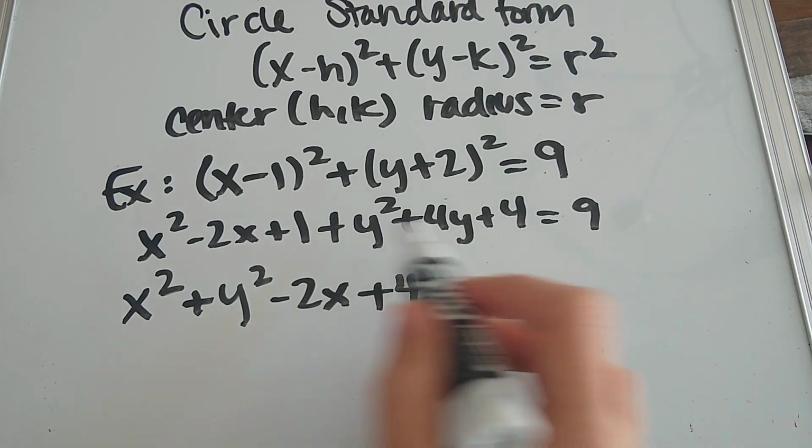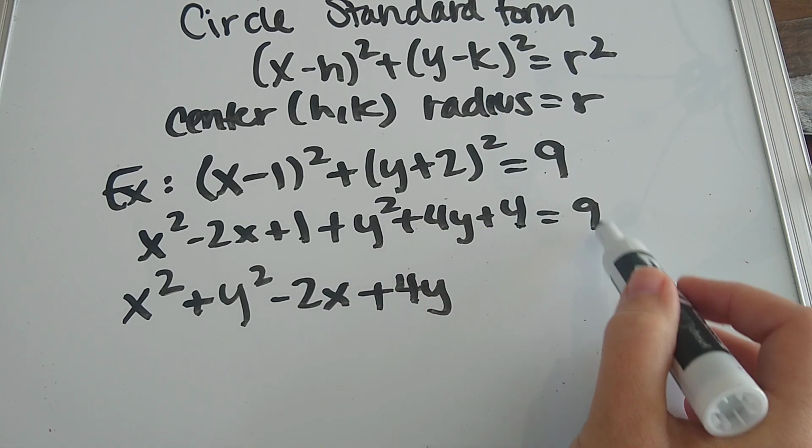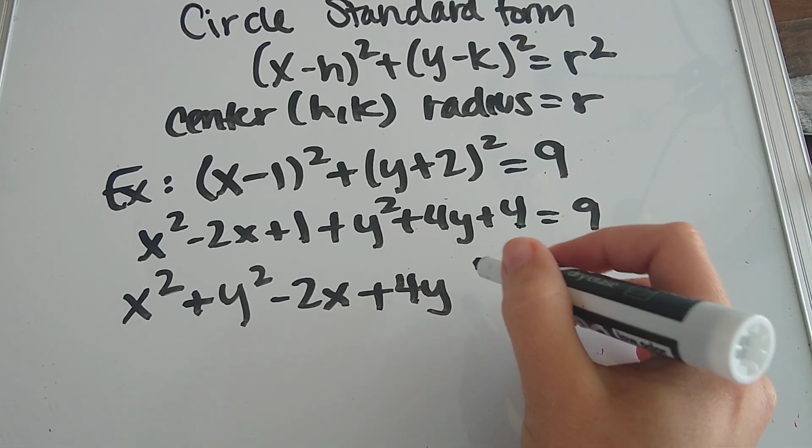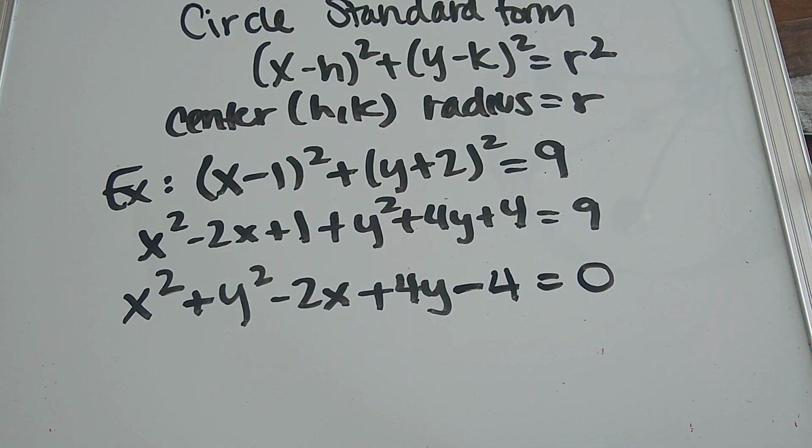We're going to move the 9 over. So we have 1 and 4 is going to be 5, and then 5, and we're going to move the 9 over. So minus 9 is going to be negative 4, equal to 0. Expanded form is always set equal to 0. So that's how you go from standard form to expanded form.